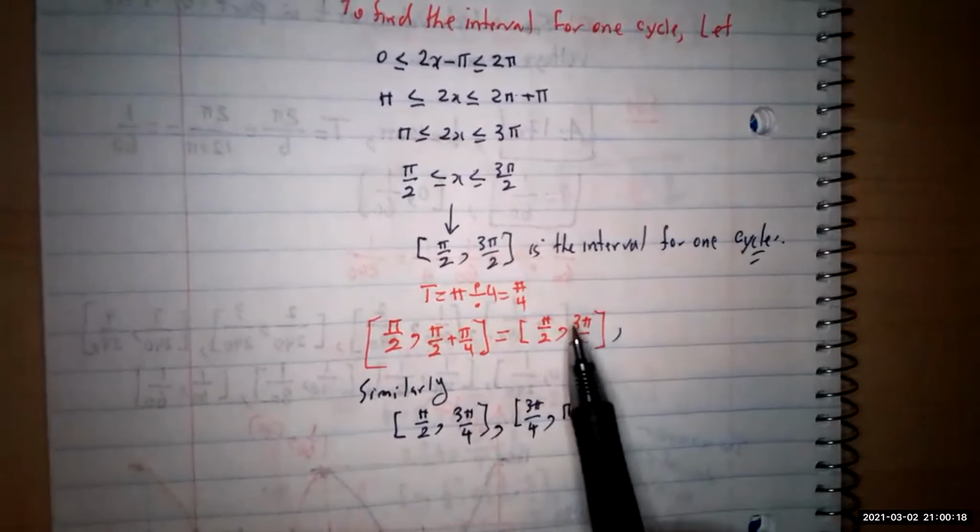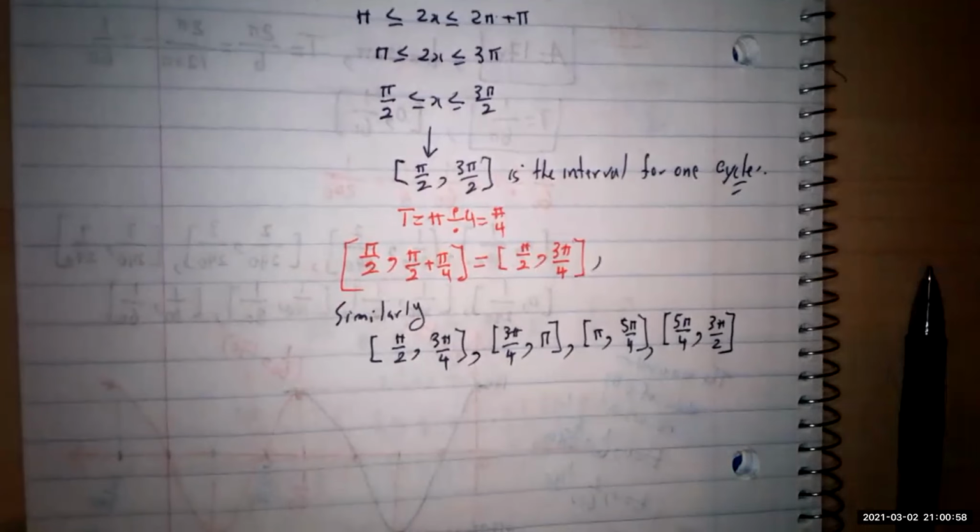Another pi 4 gives you 6 pi 4, which is 3 pi half. Then you can divide those 4 subintervals to get these numbers. So these are the crucial intervals for your function.